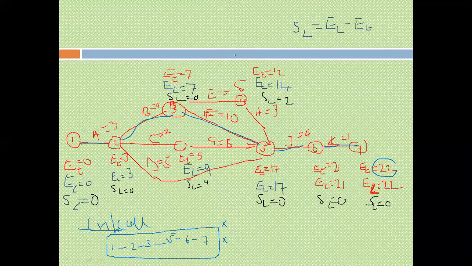However, any event that is not on the critical path can be delayed. For example, if you look at this H, when you follow this route, you have 2 excess weeks, so you can delay H by 2 weeks.